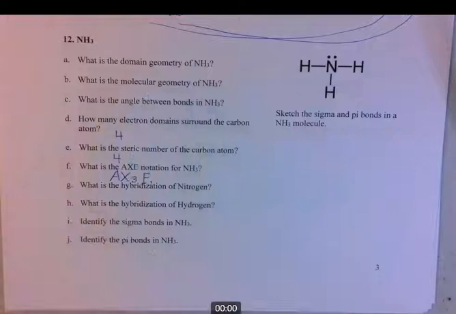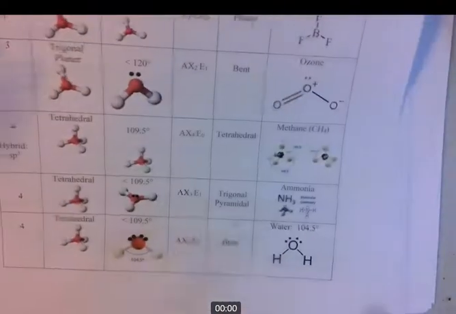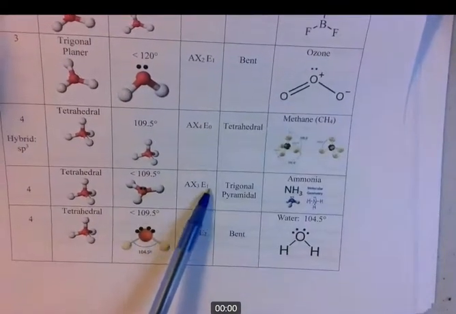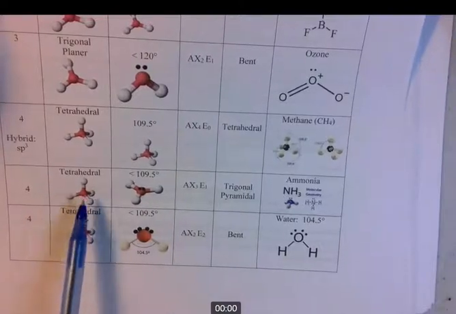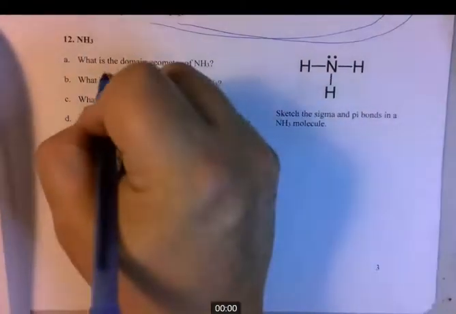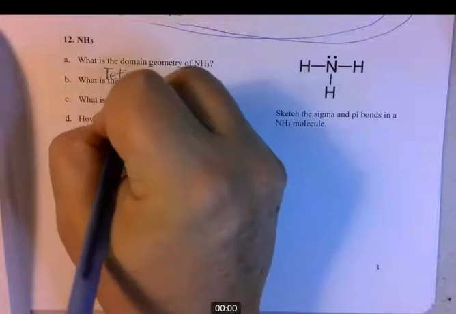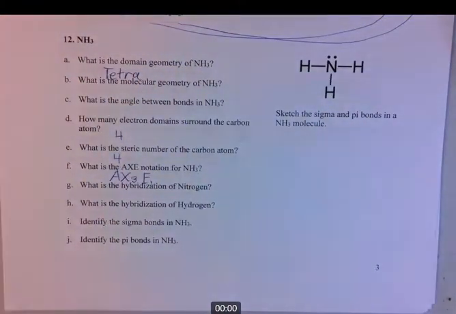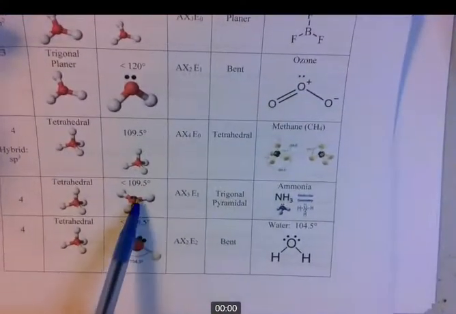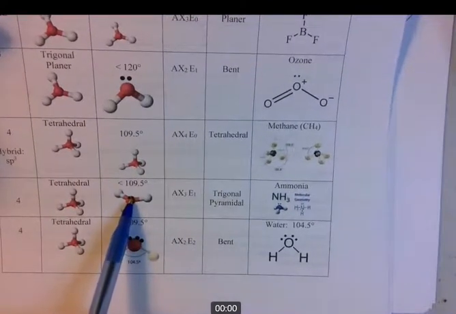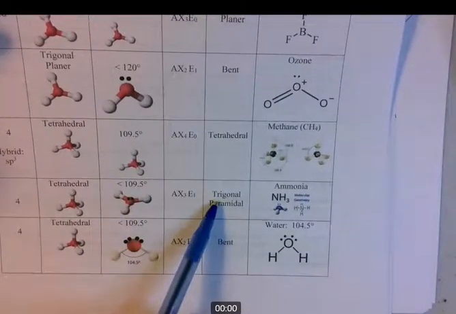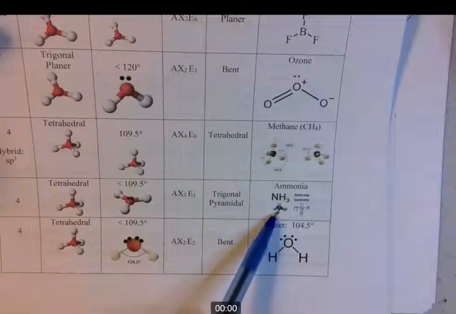So what's the domain geometry? Just come back to your sheet, and there it is. It's AX3E1. Tetrahedral is the domain geometry. And the molecular geometry, since it's missing that one atom on top, it has that lone pair, it's going to be trigonal pyramidal. Okay, it's going to form like this shows right here, kind of a three-sided pyramid.